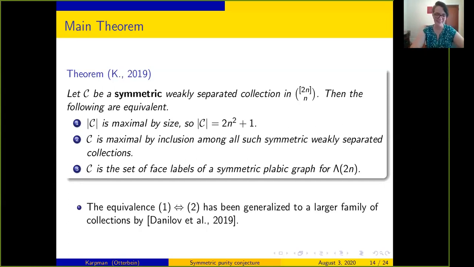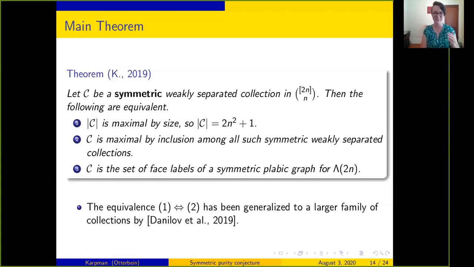And then I was very excited to see on the arXiv just a few weeks ago that the equivalence 1 to 2, a symmetric weakly separated collection being maximal by size if and only if it is maximal by inclusion, has actually been generalized by the team that also independently proved the purity conjecture.